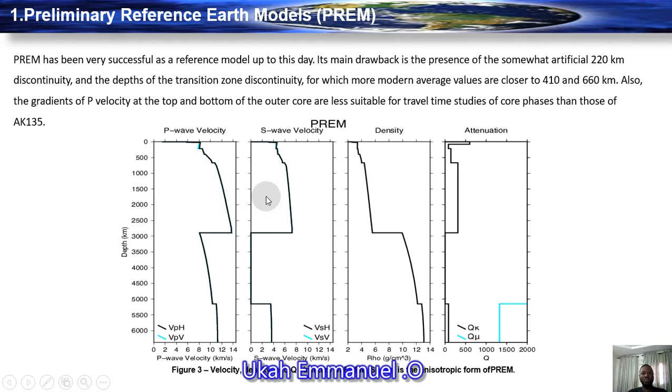So this is the density structure, and this is the attenuation structure. And yes, there is also a 3 kilometer thick layer of water in these layers. We should draw that. This whole thing is just the velocity, density, and attenuation structure of the preliminary reference Earth model, in its isotropic form.